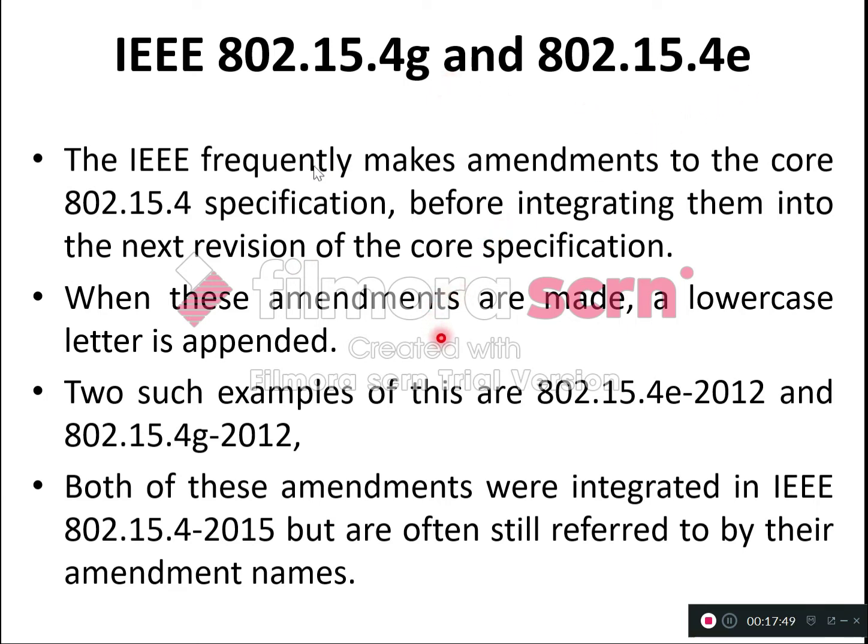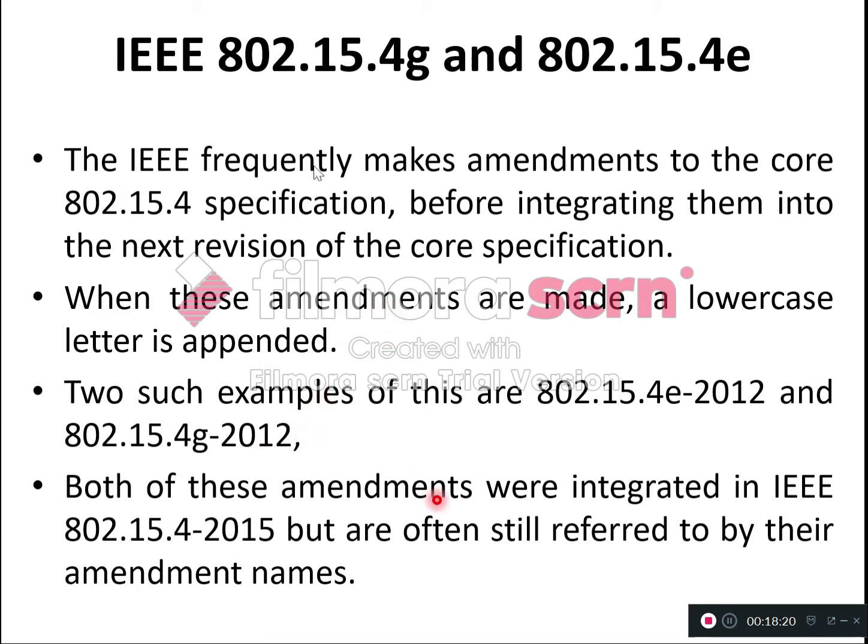Whenever necessary, additional features are added according to contextual requirements, and the amendments are made before integrating them into the next revision of the core specification. When these amendments are made, a lowercase letter is appended, like g and e. Similarly, any lowercase letter will be appended when a new amendment is made.